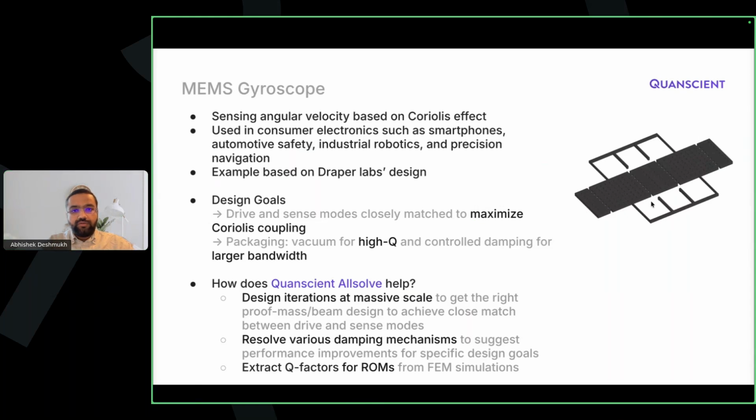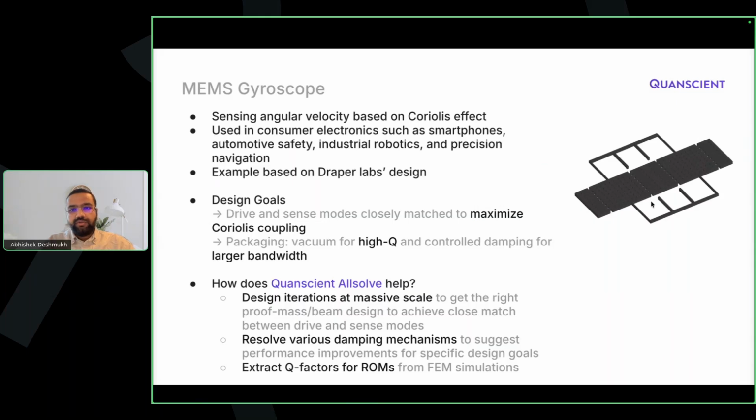Then we also enable the study of individual physical effects that might affect the performance. These can be damping mechanisms. We'll look at a few damping mechanisms in today's webinar, what we have done so far. Understanding these mechanisms can help you understand your device better and then control it in a better way to closely achieve the application that it is intended for.